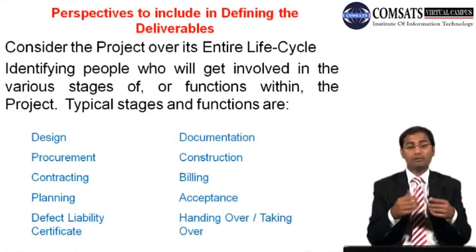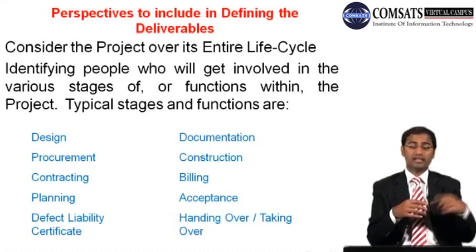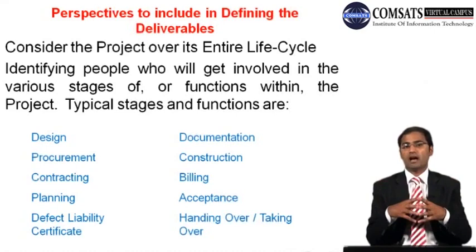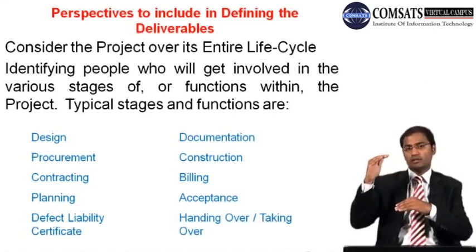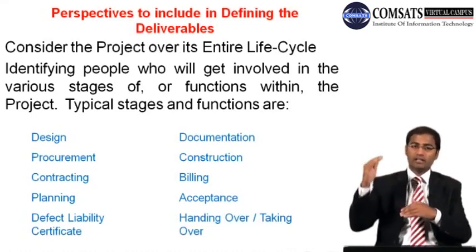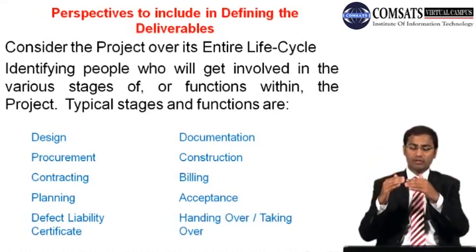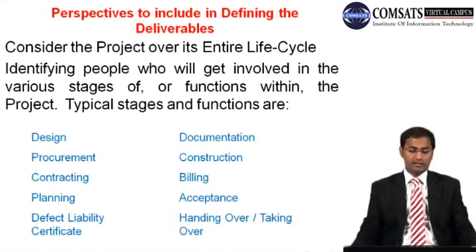By that time, people from execution are not that influencing, and then there is a stage of procurement. The design people are done with their job and have reduced their level of activity to a minimum, and now there is a procurement person whose level of effort is quite high. When he is done with procurement, his role diminishes.